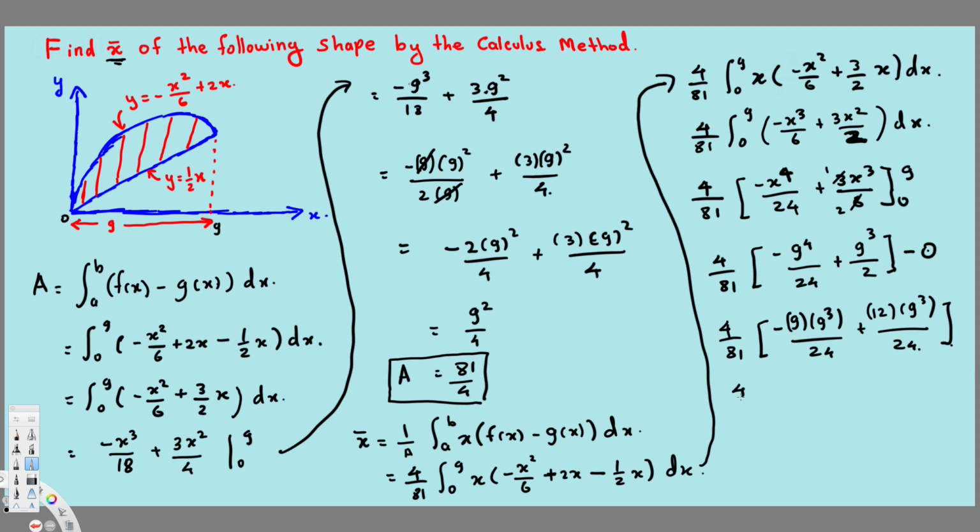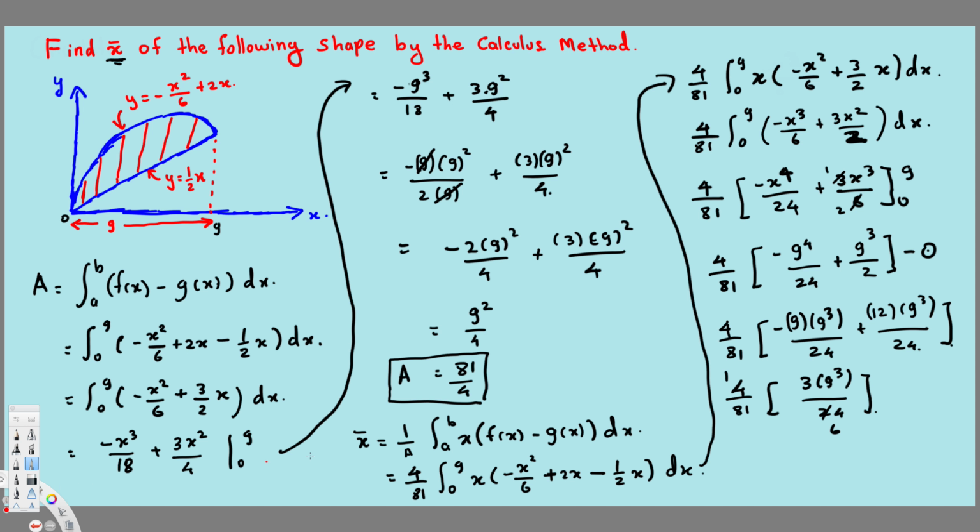Right? So let's do the simplification. 4 over 81. So 12 minus 9 is going to be 3. So 3 times 9 cube divided by 24, right? And here I can do one more thing. I can cancel this one, 1 over 6, right?